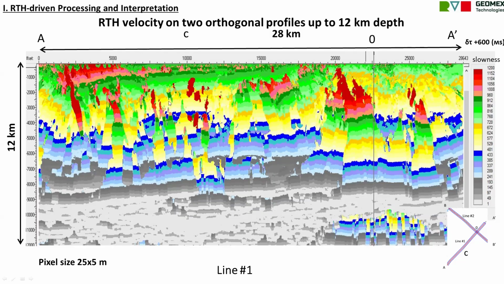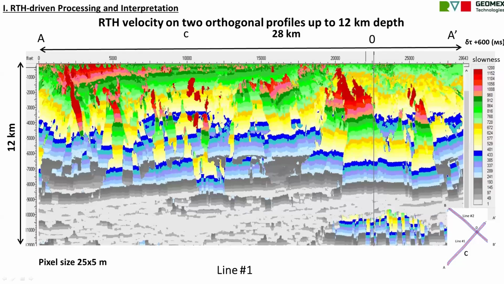This is the depth section concerning AA through the point O. This depth is about 12 kilometer, distance 28 kilometer. Red color is the object with a small velocity because it's slowness. Red color is low velocity, and gray is a high velocity.